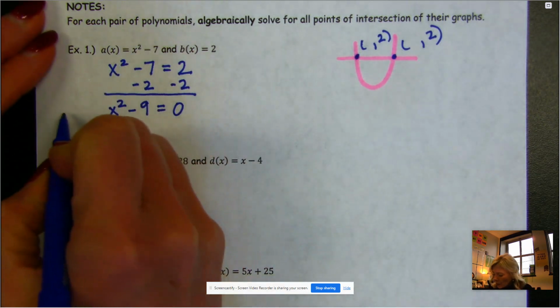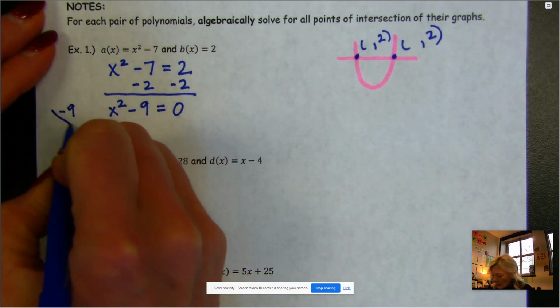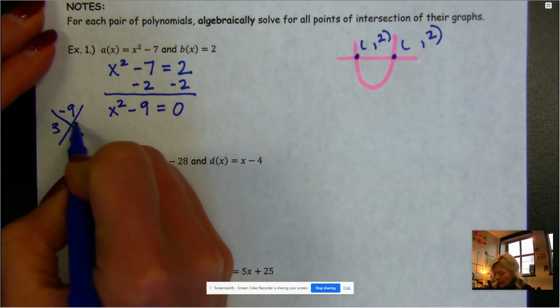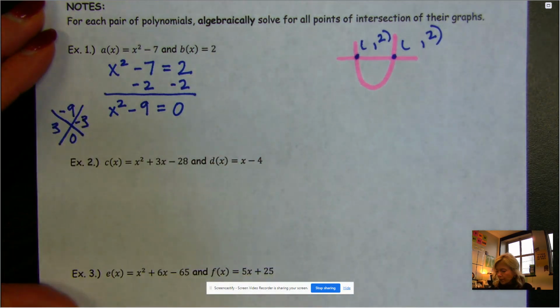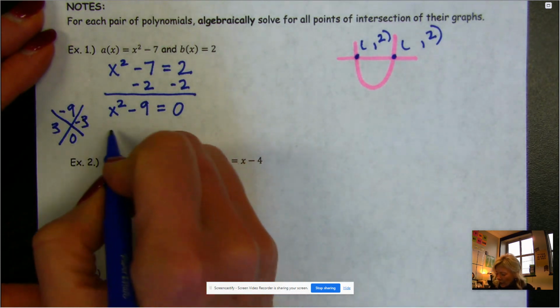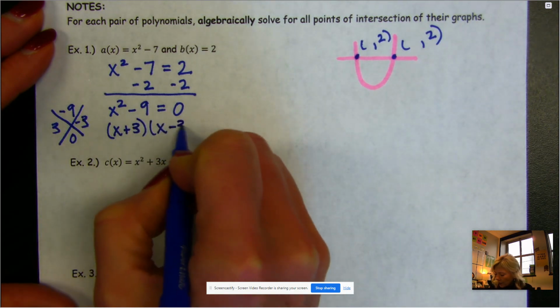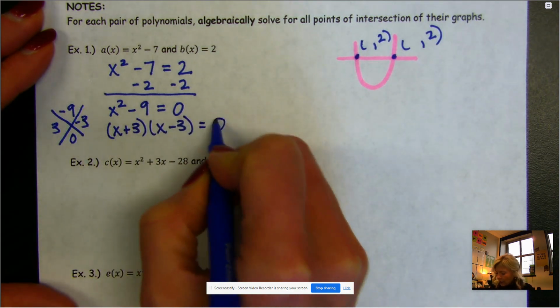And so it has to multiply to negative 9, add to 0, and 3 and negative 3 will do that. So this left side of the equation factors: x plus 3 times x minus 3 is equal to 0.